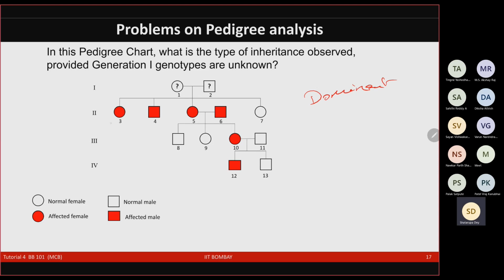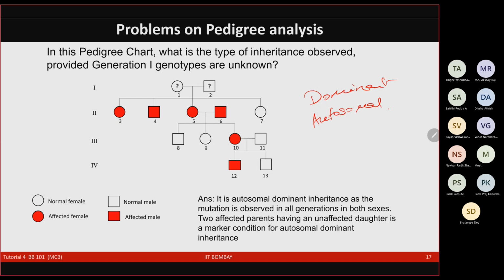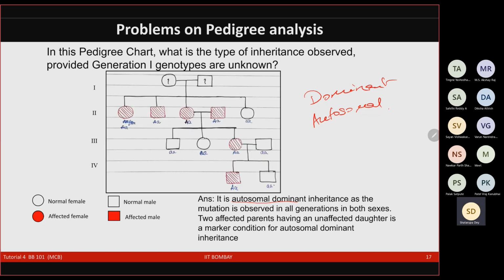Also, every gender is being affected, males and females. So it's autosomal. The answer should be autosomal dominant, as the mutation is observed in all generations in both the sexes. The same thing is written here, they just showed the genotypes.